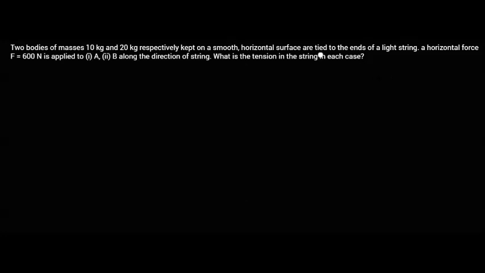So the figure is not given, we have to draw the figure. So we have two blocks with masses 10 kg and 20 kg. We can take the block with mass 10 kg as object A. Let MA be the mass of the object with 10 kg and MB be the mass of the object with 20 kg.